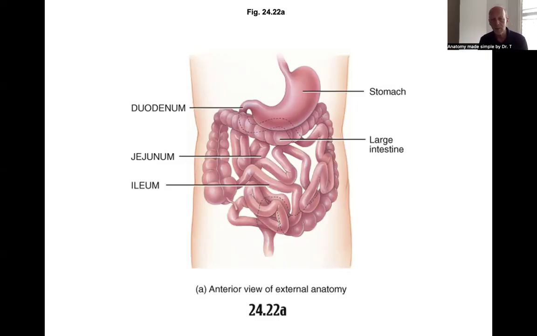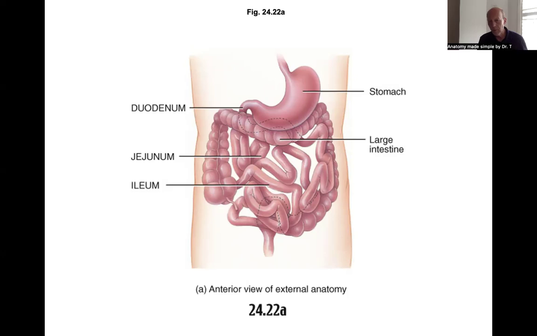Again as a rule of thumb, most of the ileum is located in the lower right quadrant of the abdominal space. Overall, the small intestine is the longest segment of the digestive tube, making up at least 70 to 80% of the entire length.